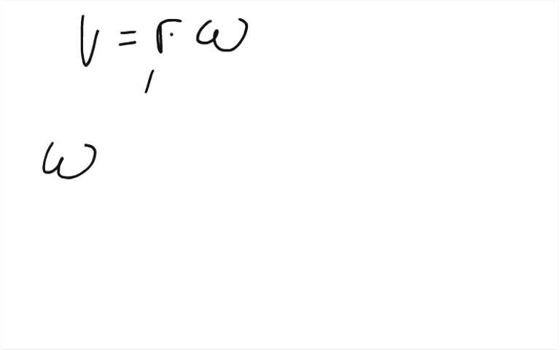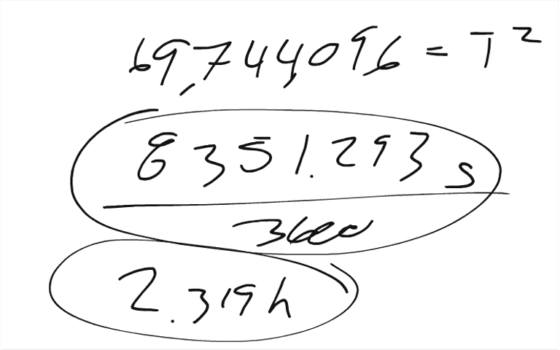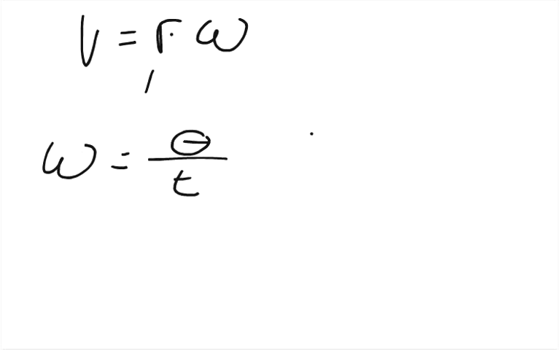The angular speed is equal to the angular displacement divided by time. We know what time is, and we also know what the angular displacement is, because in roughly 8,351 seconds, this thing goes around 1 revolution. How many radians are in 360 degrees?